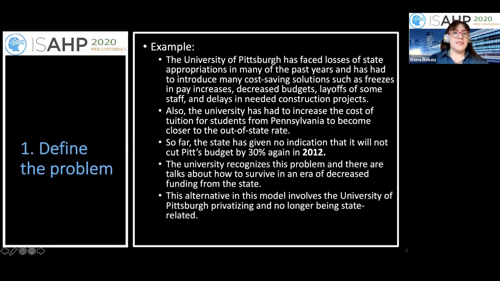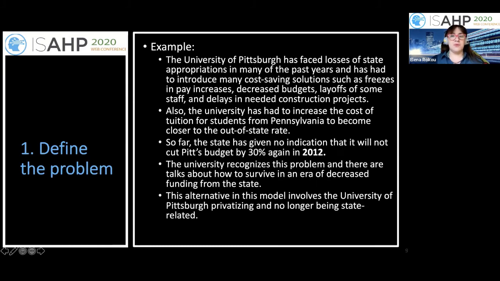So at the first step where we define the problem, what's our problem? We have the University of Pittsburgh that has faced some losses of state appropriations, and even more right now that we need to decrease the amounts of tuition. A lot of students are rethinking it with a new format. We have a lot of changes happening at the university.